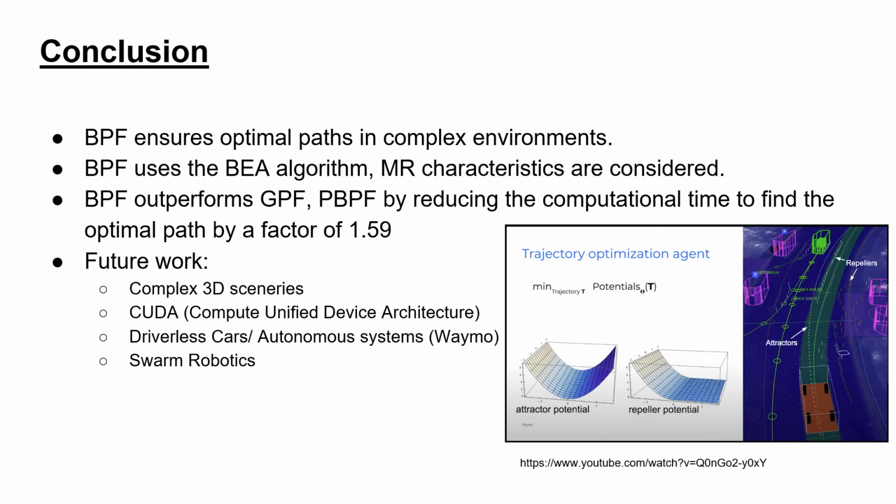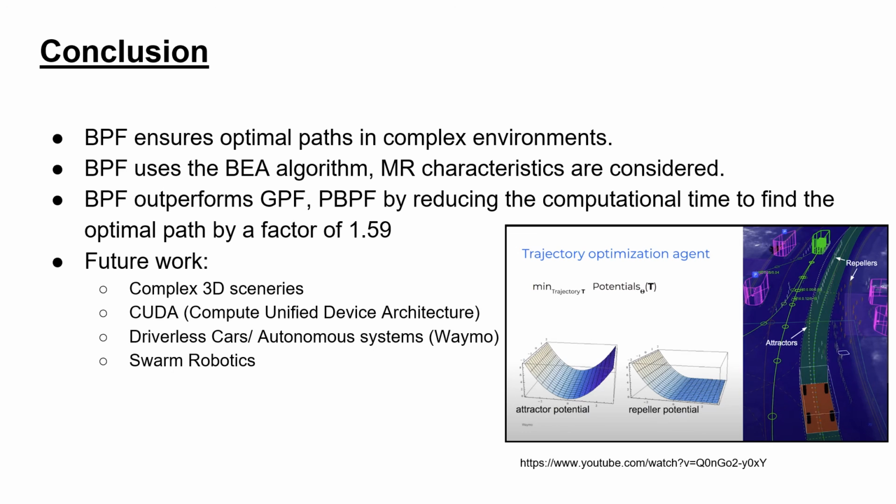Third, it considers the mobile robot's physical size and orientation in the plane. Fourth, we demonstrated that the bacterial potential field outperforms the GPF and PBPF methods by reducing the computational time to find the optimal path by at least a factor of 1.59.